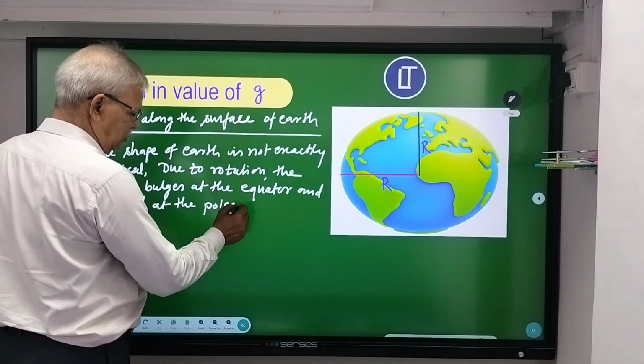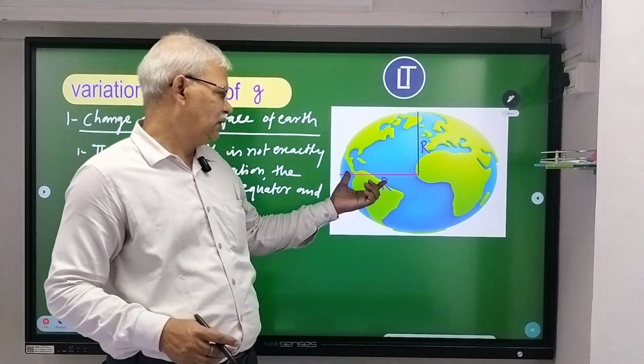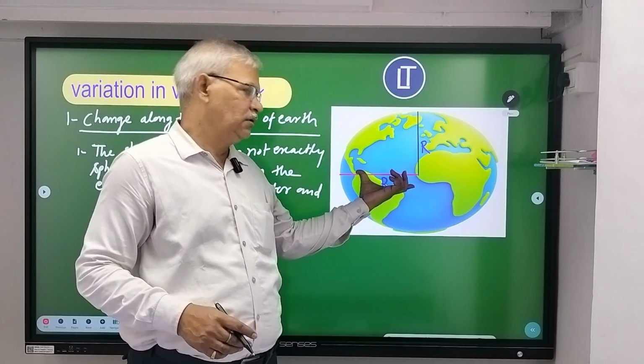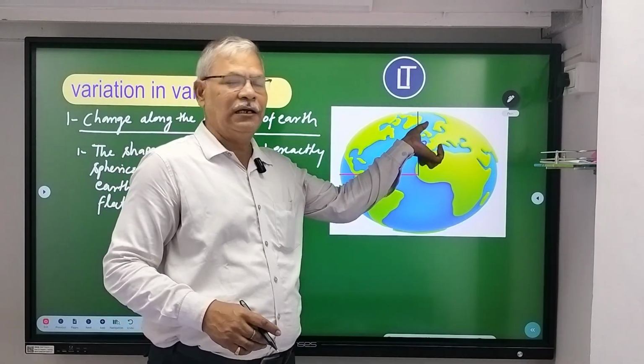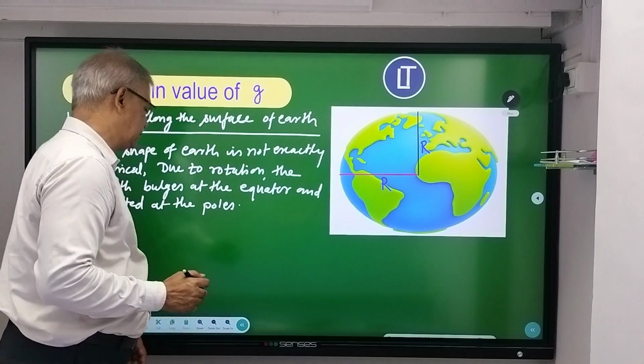Okay. Then what happened? Due to this, the radius at the equator is larger and at the pole it is smallest.